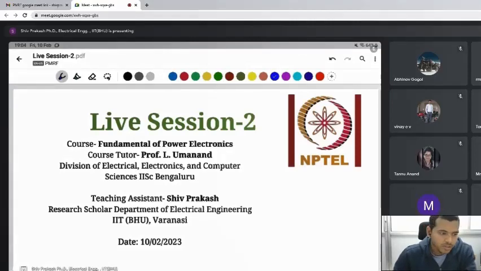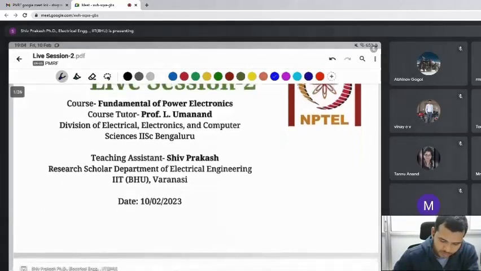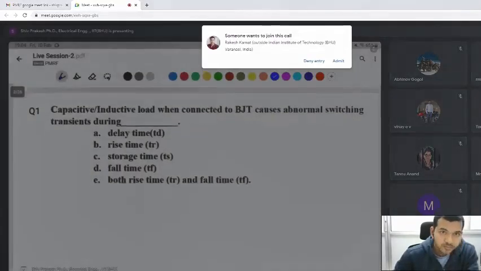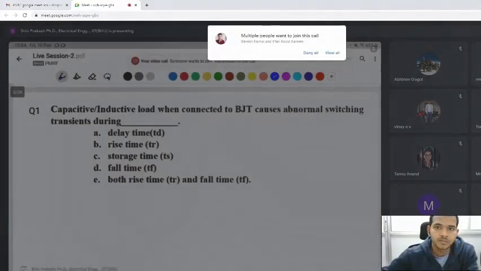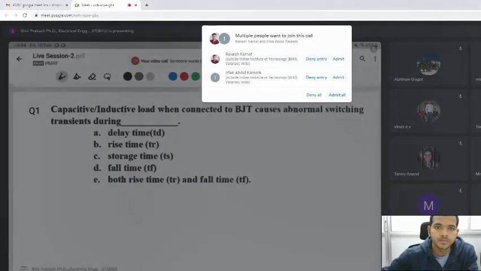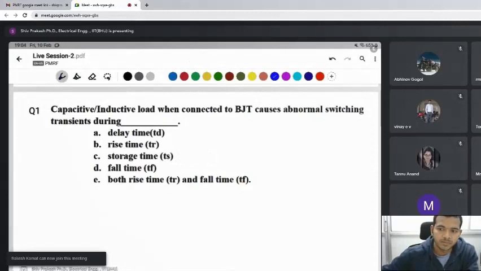I will solve our SI number second and give you some suggestions for assignment number 3 also. They are given a question number first.